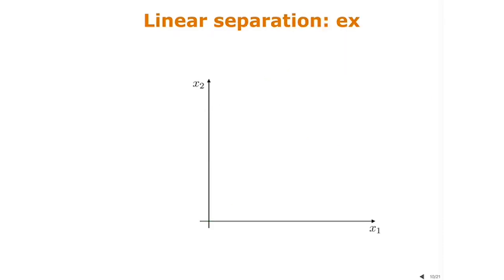Let's understand through examples how constrained the set of linear classifiers really is. If we take a set of examples, the training set, and ask whether it's separable, whether there exists a linear classifier that correctly classifies all the training examples. If our training set looks like this, these are positively labeled points, these are negatively labeled points, then there exists a linear classifier through the origin that correctly classifies those points.